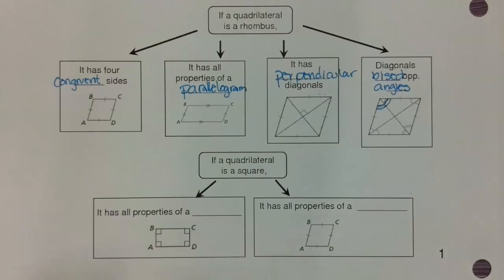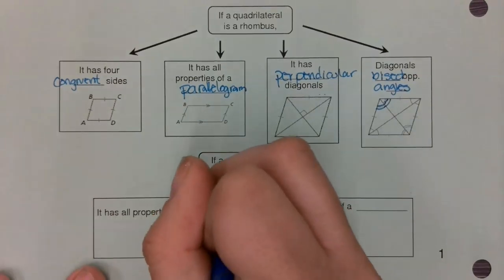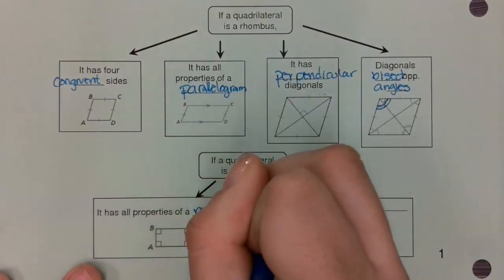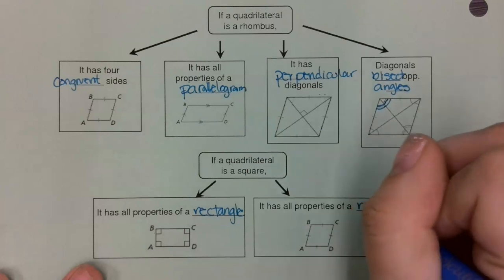Okay, so if a quadrilateral is a square, it has all the properties of a rectangle. And it also has all the properties of a rhombus.